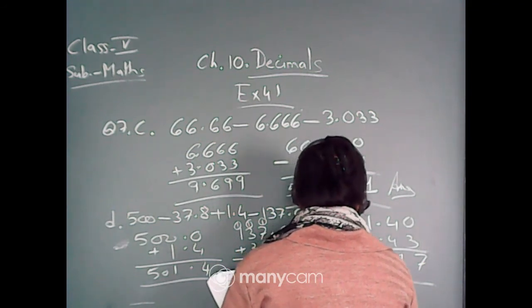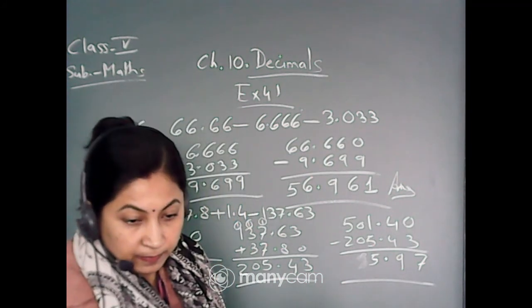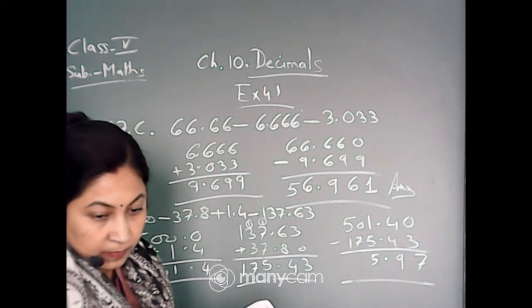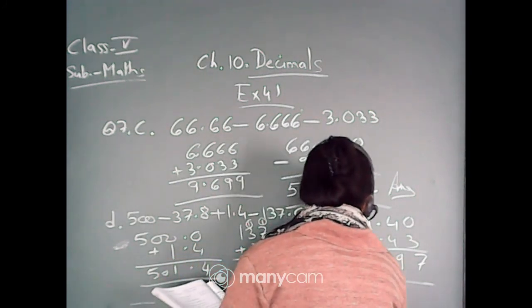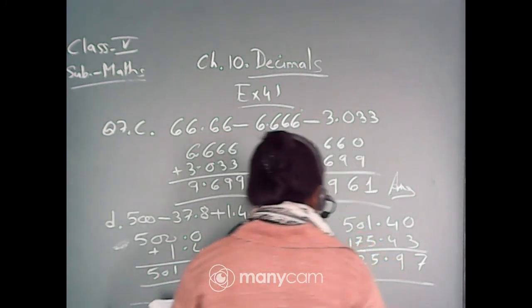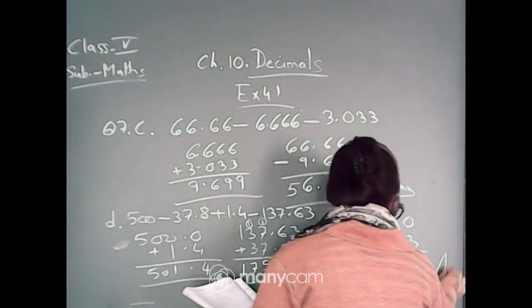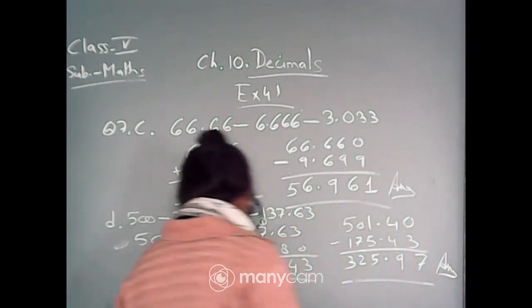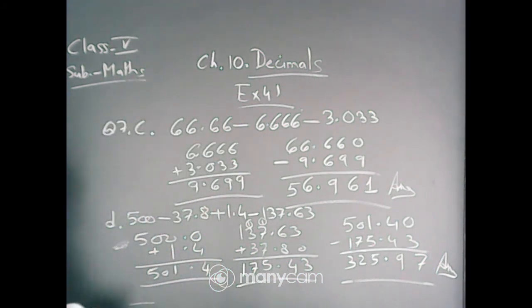Here it will be 2 and 3. So 325.97 will be the answer. Clear? 325.97 will be the answer.